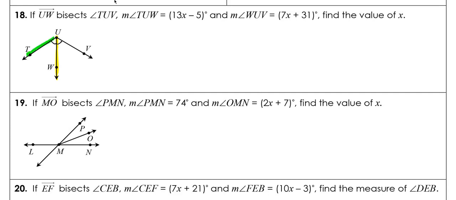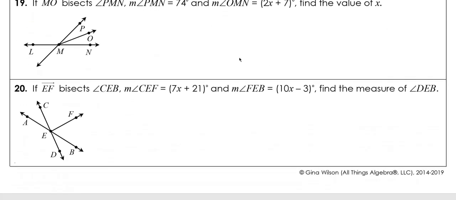It's giving me TUW, and it's giving me WUV. Just set those equal to each other and solve for x. And let's see, not too much different over here, right? For 19 and 20, so try those on your own and then check the key to see how you did.